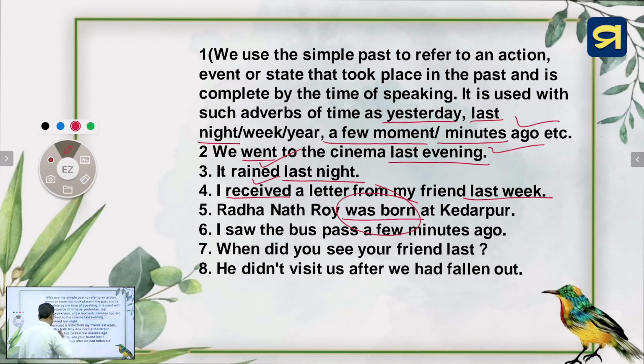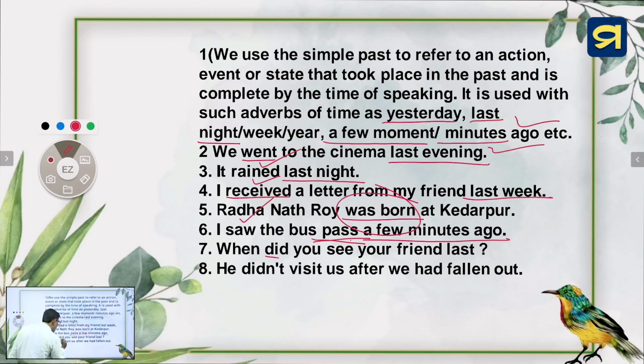We've already discussed. I saw the bus pass a few minutes ago. You see, a few minutes ago. That's why it is the V2 form of see, saw. And "pass" is a bare infinitive. As "saw" is used as a main verb, for a complete action, the bare infinitive is used. When did you see your friend last?